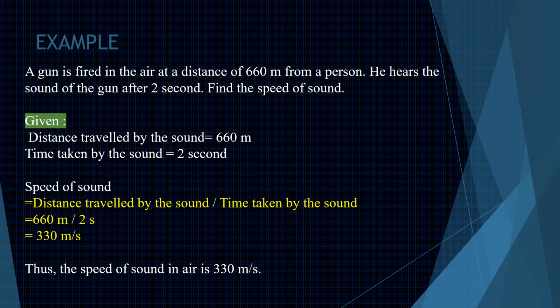So distance traveled here is 660 meter and time taken by the sound is 2 seconds. So speed of sound is equal to distance traveled by the sound divided by time taken by the sound, that is 660 meter divided by 2 seconds, which is equal to 330 meter per second. So the speed of sound in air is 330 meter per second.